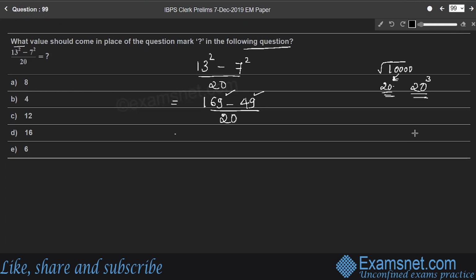Then only you can go for the easy solution. So 13 square is 169 minus 7 square is 49, by 20. So 169 minus 49 is 120, by 20 is equal to 6. Hence the answer is option E, 6.